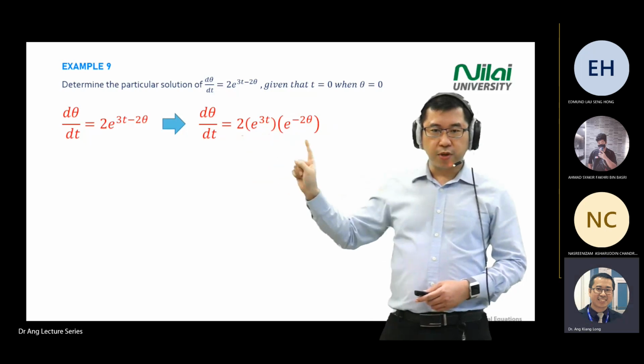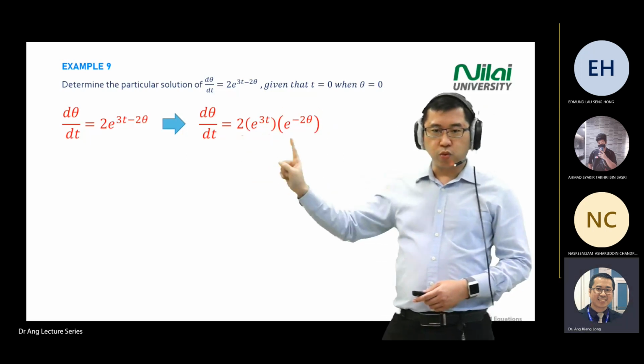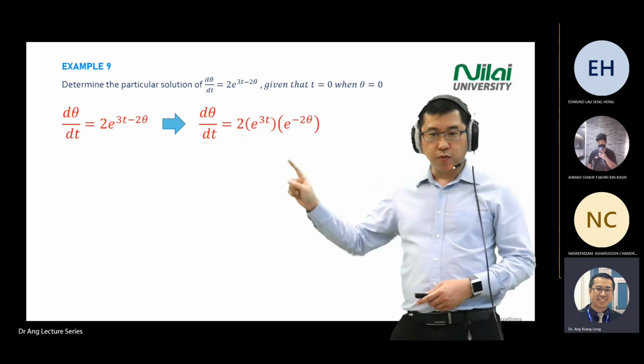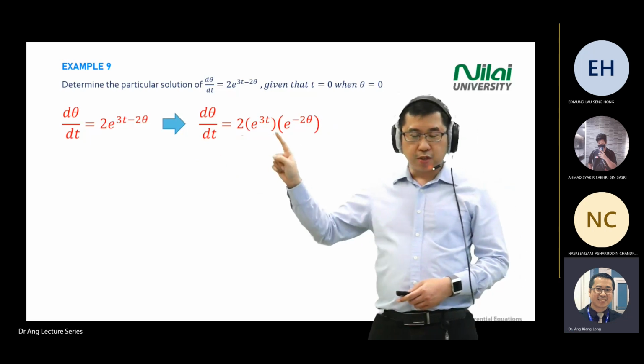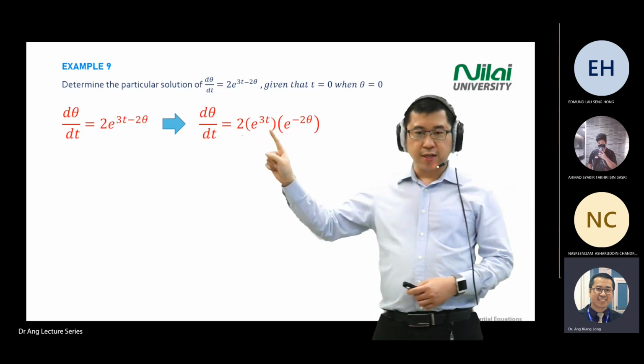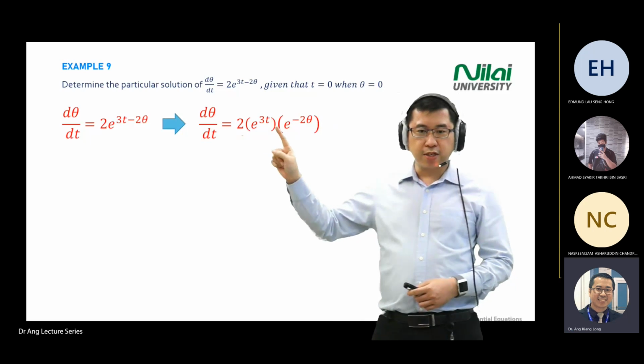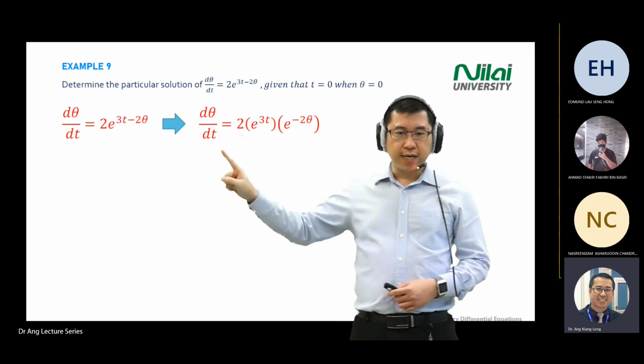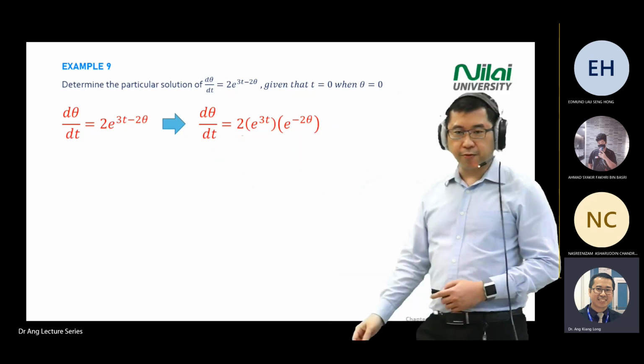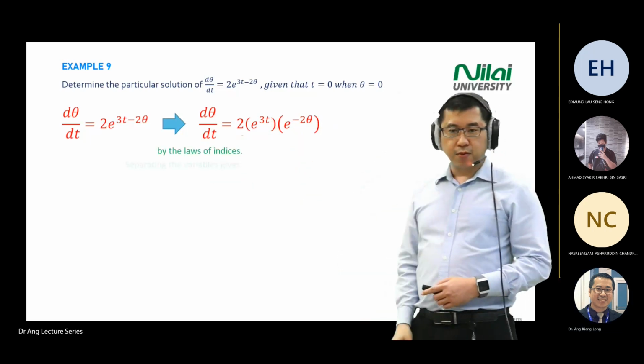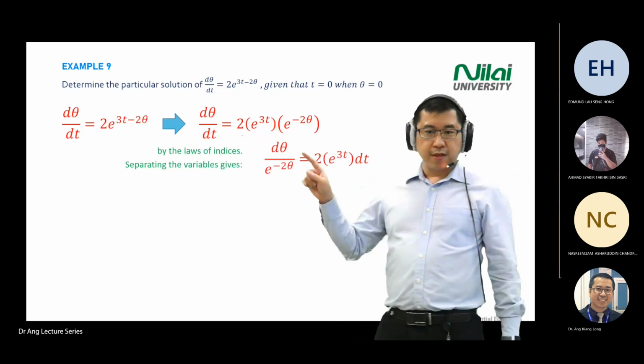Then you pull this one, θ, to the left hand side. Again, when you pull, you must know the relationship. These two are multiplication. So when you pull multiplication from one side to another side, it becomes division. So you will get this one.